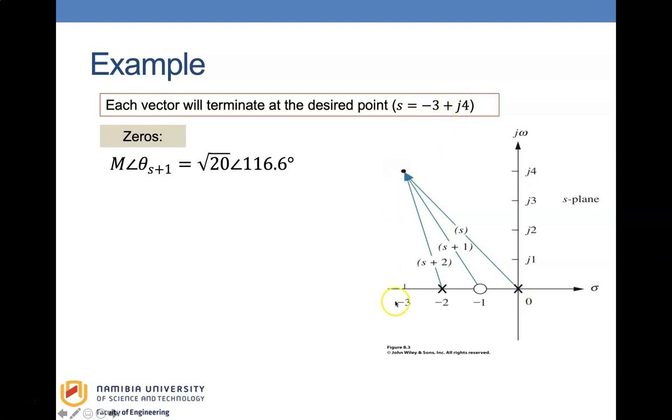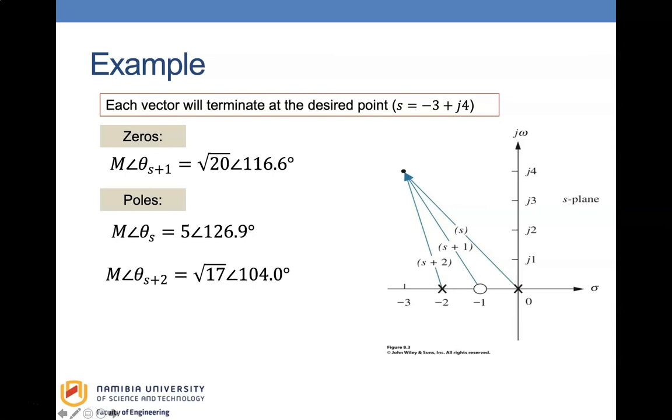The vector originating at the 0 at minus 1 has a magnitude of square root 20 and an angle of 116.6 degrees. The vector originating at the pole at the origin has magnitude 5 and angle 126.9 degrees. The vector originating at the pole at minus 2 has magnitude square root 17 and an angle of 104 degrees.